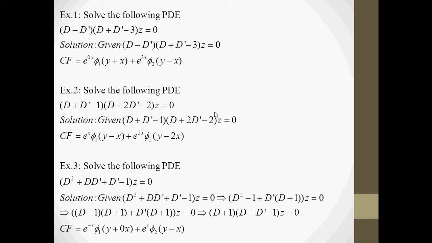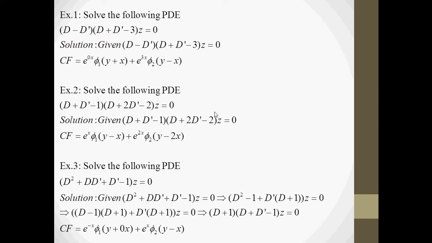Example number 3. The given differential equation is (D^2 + DD' + D' - 1)z = 0. So we factorize it.